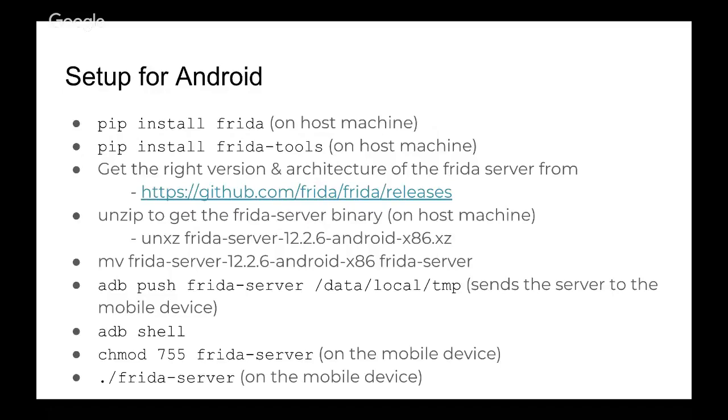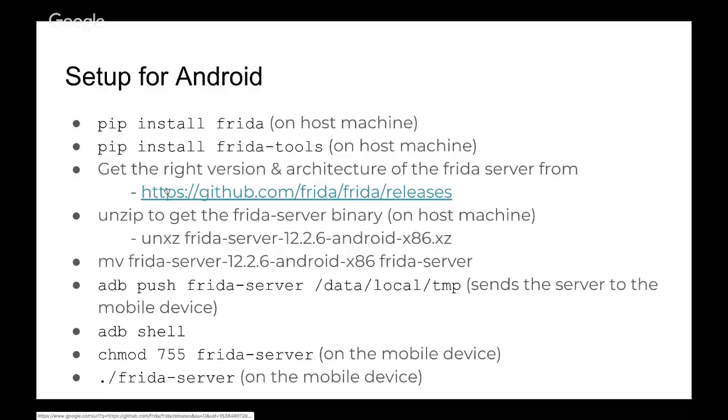So for example, in our case, we have used Android virtual devices, which are provided by Android Studio itself, x86 machines, and we are using Frida version 12.2.6. So we have to make sure that pip installs 12.2.6 on the host side, while we download the Frida server for x86 and 12.2.6 on the Frida server side.